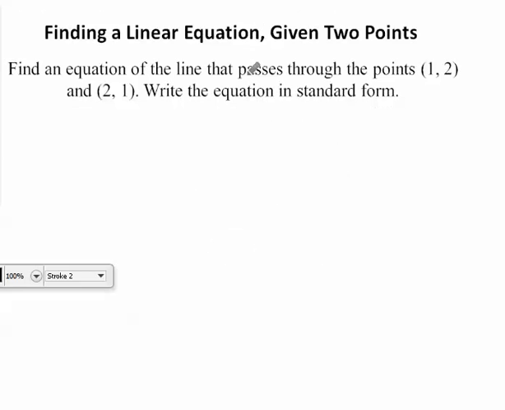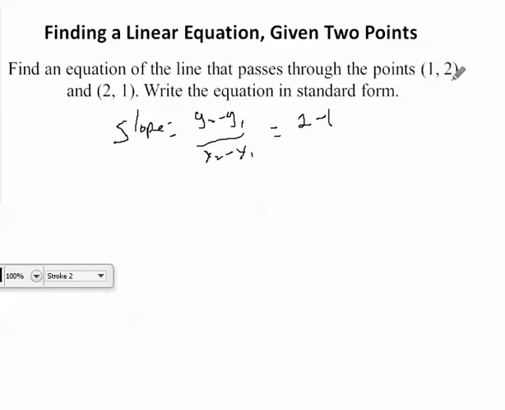Easily done. Okay. Find it given 2 points. Well, if I got 2 points, the first thing I'm going to think of is slope. Okay? There's a formula for slope, and that's y2 minus y1 divided by x2 minus x1. Rise over run. Y's over x's. So I'm going to say 2 minus 1.